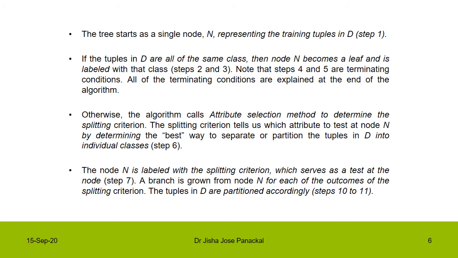Then based on the splitting criterion, we have to split the tree, and we have to do this procedure repeatedly, and finally we will get a decision tree with many branches.